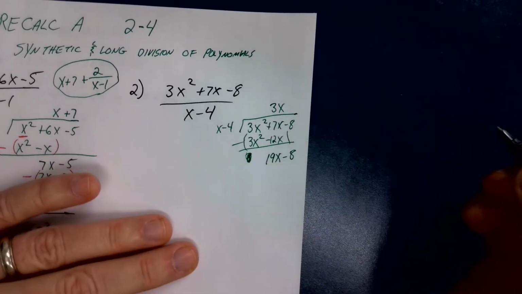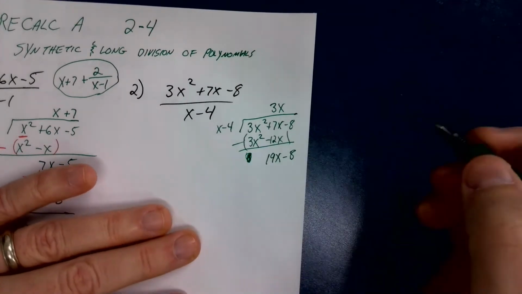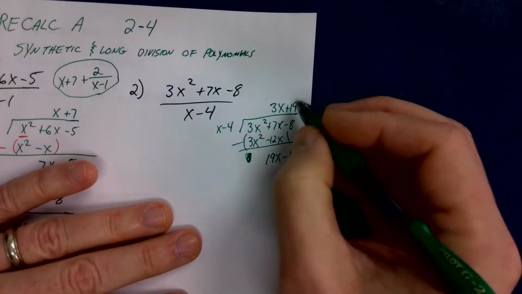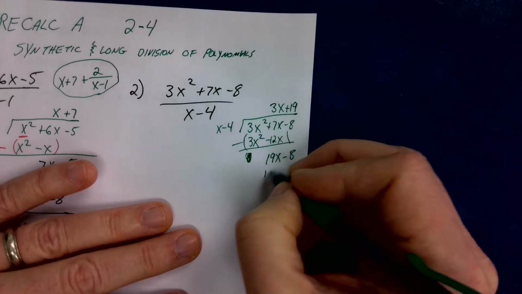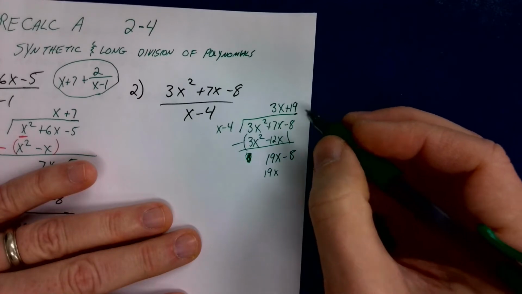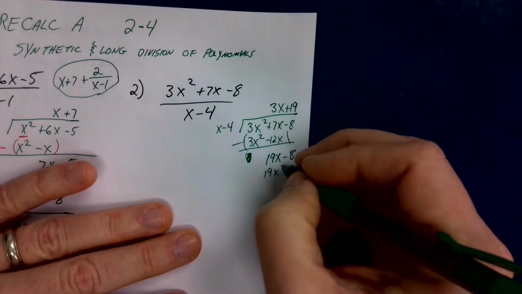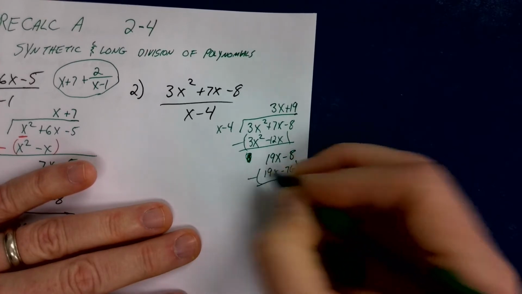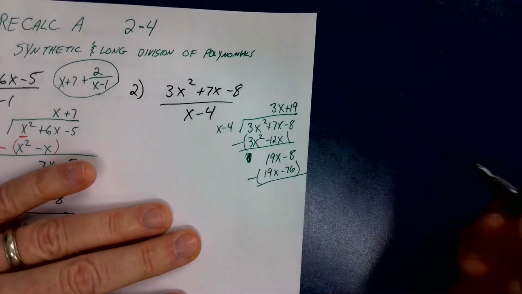Carry down the 8. How many times does x go into 19x? It goes in 19 times. I do 19x. And then 19 times 4, what is that, about 76? Minus 76. And I subtract 19x minus 19x is poof.